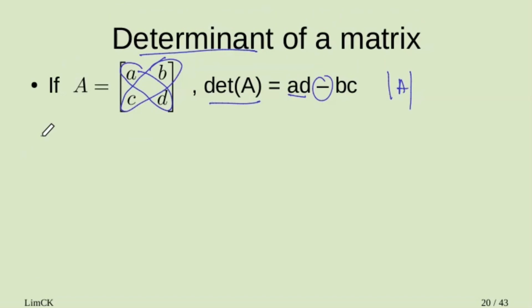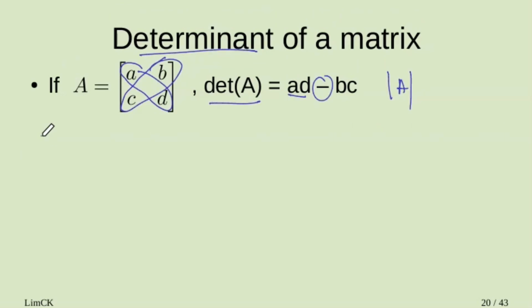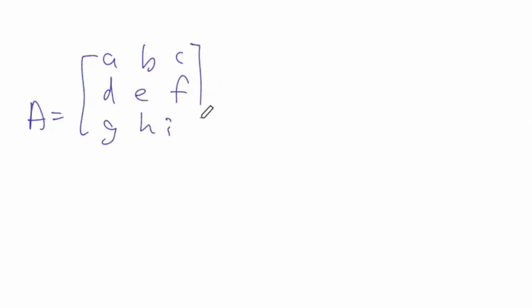If this is a 3 by 3 matrix, let's say A is a 3 by 3 matrix: A, B, C, D, E, F, G, H, I. The determinant of this matrix can be computed as follows. First, let's start with the first number here, A. This is row 1 column 1, right?